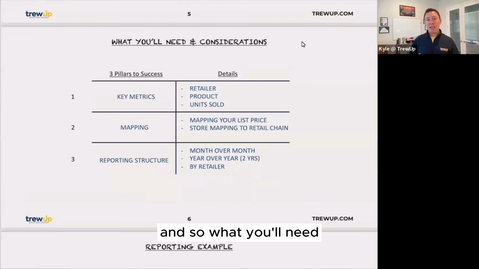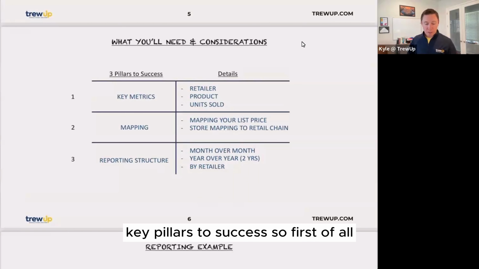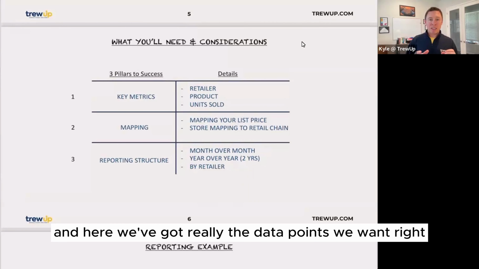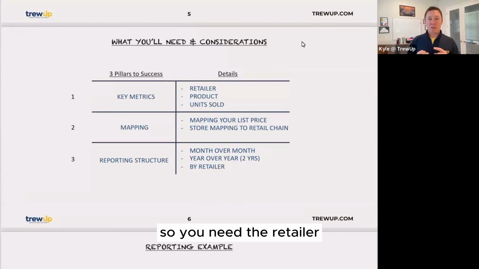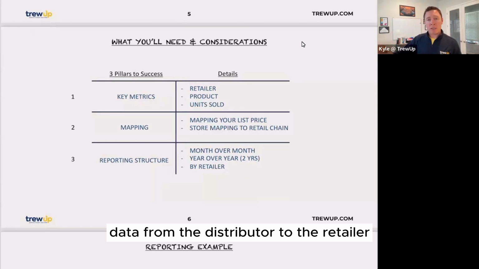And so what you'll need and what you want to consider are really these three key pillars to success. First of all, you've got your key metrics, the data points we want. You need the retailer, so the indirect retailer, and that outbound shipment data from the distributor to the retailer.